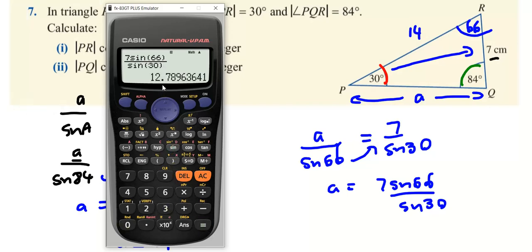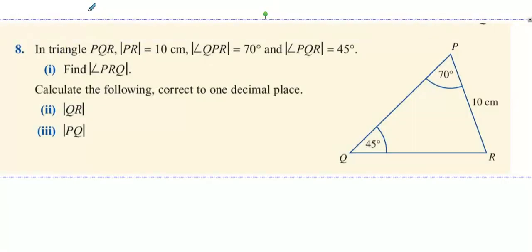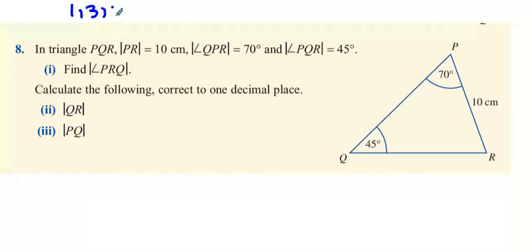And we get an answer of 12.79, and then that'd be 13. So 13, which makes sense. 14 is opposite the largest angle, 13 is opposite the middle angle, and 7 is opposite the smallest angle. That all makes sense. So we've done 1, 3, 4, 7.